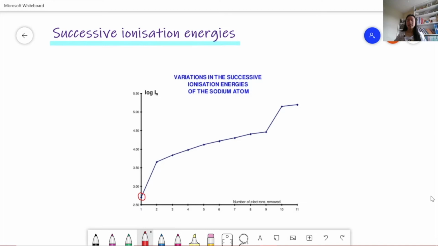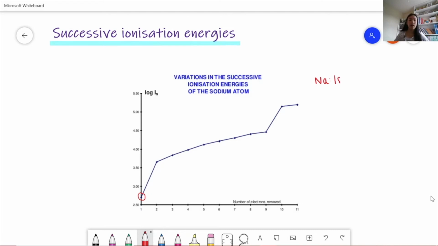So this actually gives us some evidence towards electron shells, because if we think about sodium, what we have is, if we write out the electron configuration, sodium is in group 1 and it's in period 3, and it's also in the s block, and so its outermost electron will be the 3s1 electron.